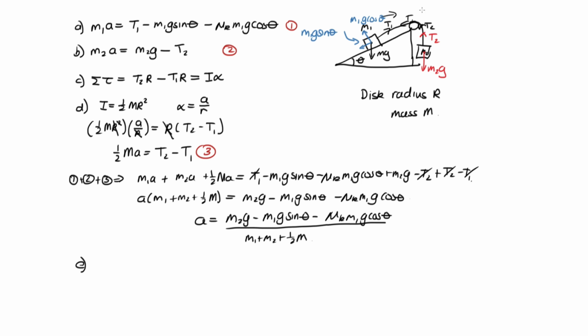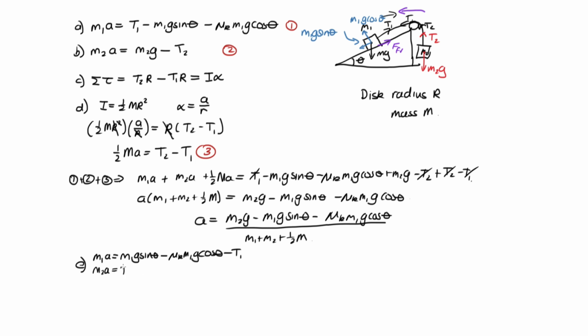Okay, so M1's now going down the plane, so everything's going this way. What's a bit different is that the friction force is then acting up the plane. So if we wanted to rewrite these expressions, we'd have M1a is equal to m1g sine theta, which is now the biggest force, pulling it down, but the friction is opposing this, so this is minus mu k m1g cos theta, and then the tension force is pulling it up.